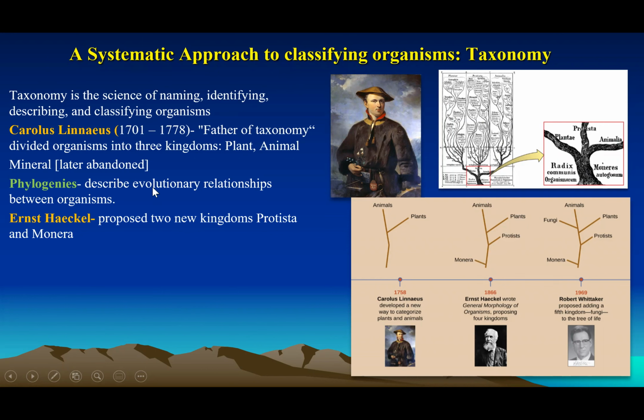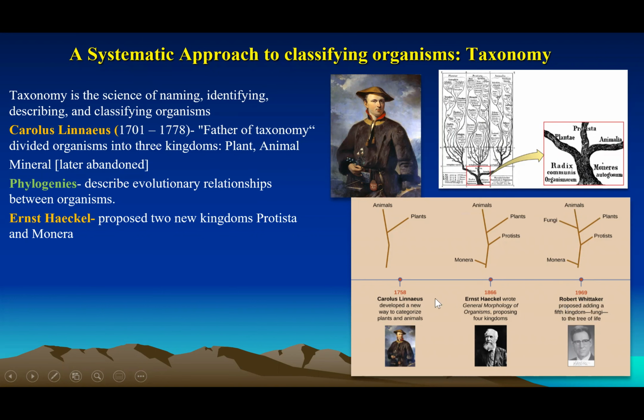The science of studying the evolutionary relationship between organisms is called phylogenetics. So what you're seeing here is the phylogenetic tree. So here the base would be the ancestor, and then that, because of selection pressures, has formed these new species. So this is called as the phylogenetic tree. So you can trace back relatedness of organisms. Another important person is Robert Whittaker. So he added the fifth kingdom, the fungal kingdom, fungi, to the four.